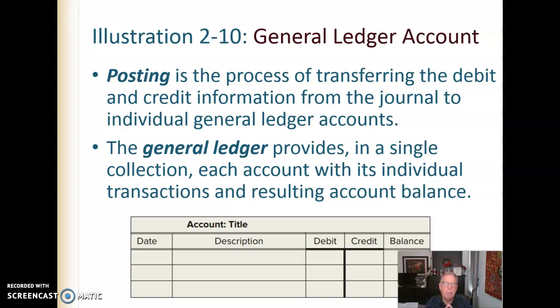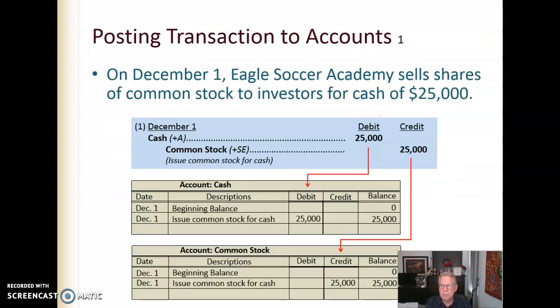Posting is the process of transferring the debit and credit information from the journal to the general ledger account. So the general ledger then provides a single collection, each account with an individual transaction and resulting account balances. So here is a simplistic version of a general ledger account.